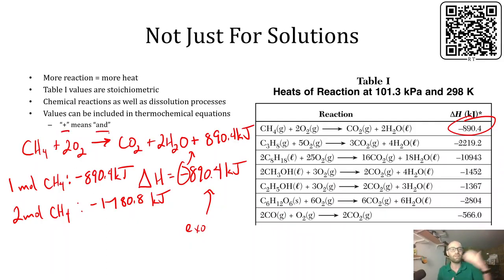Don't forget, if we convert this back into words, 1 mole of methane plus 2 moles of oxygen yields 1 mole of carbon dioxide plus 2 moles of water, and, right? So it's carbon dioxide and 2 moles of water and 890.4 kilojoules. So it's a little bit misleading, but you'd never really write a negative in a chemical equation. You need to know that when the number's written on the right side of the chemical equation as a product, that implies a negative delta H.